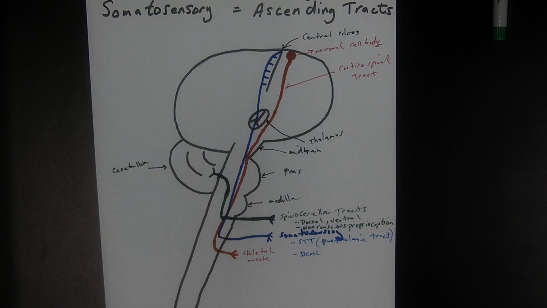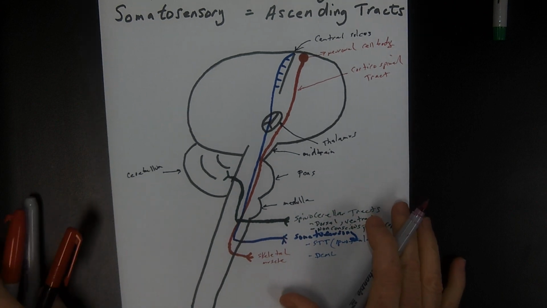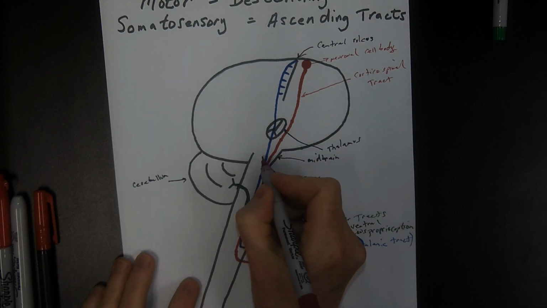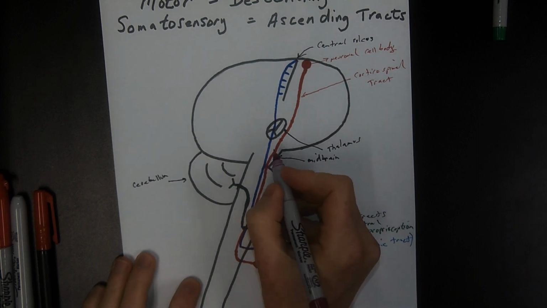Okay, now we have the next one. Let's do this one in sort of a maroonish. There's a great big old nucleus that lives in the midbrain.